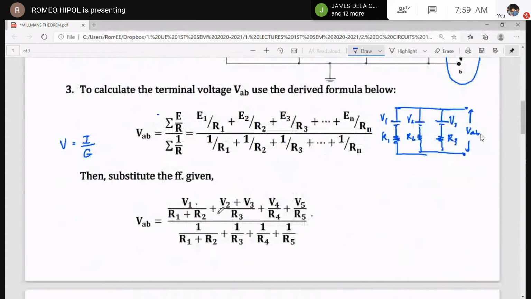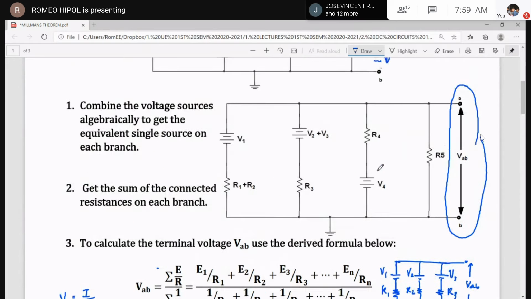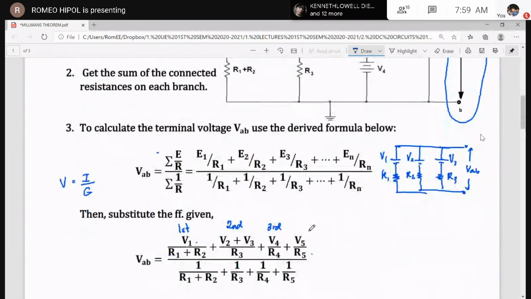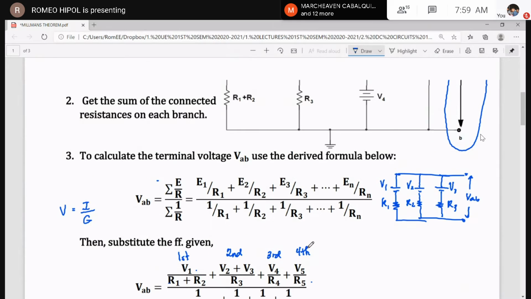Naintindihan? So first branch, ito yung second, then we have the third branch. For the third branch, we have a single supply V sub 4 and a single resistor R sub 4. And for the fourth branch, we still have to apply the formula V5 over R5.